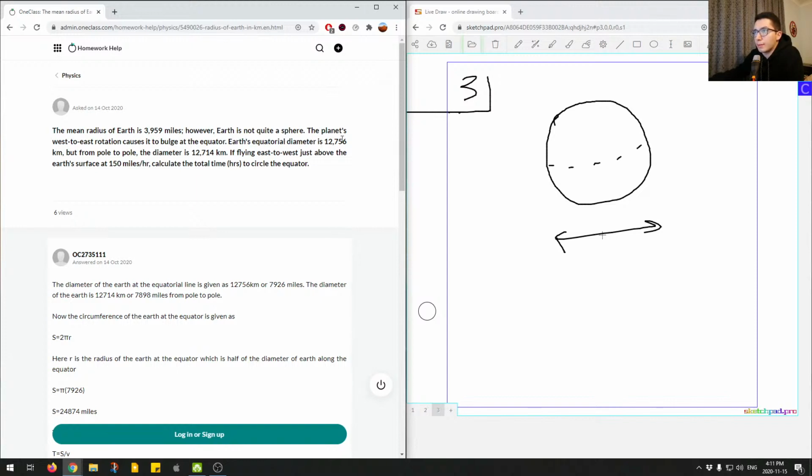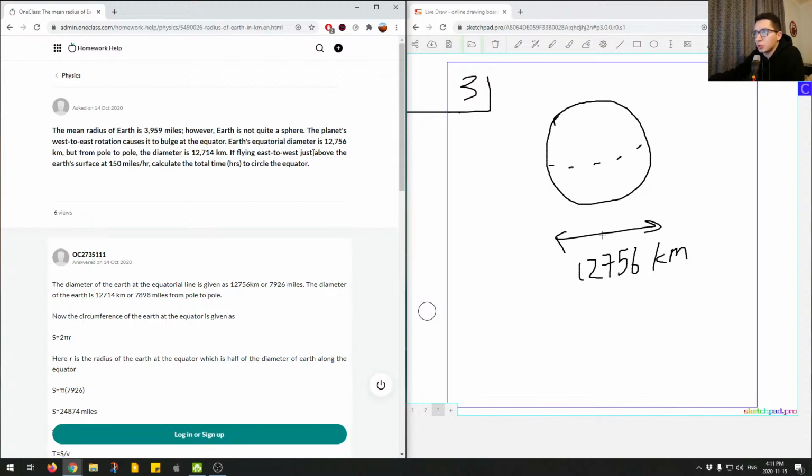Earth's equatorial diameter is 12,756 kilometers, but from pole to pole, the diameter is 12,714. So we're saying it's 12,756 kilometers in the west to east, so the equatorial diameter, and then the diameter pole to pole is 12,714.